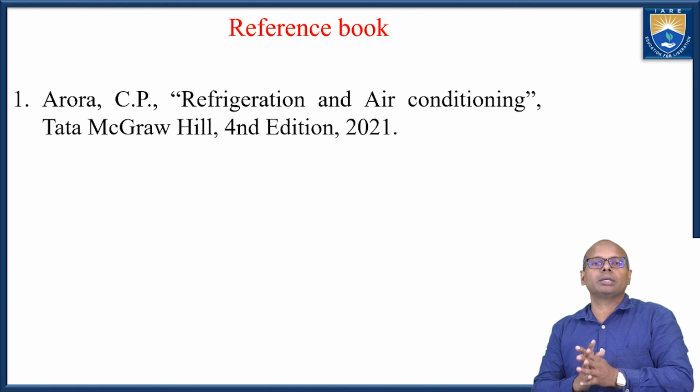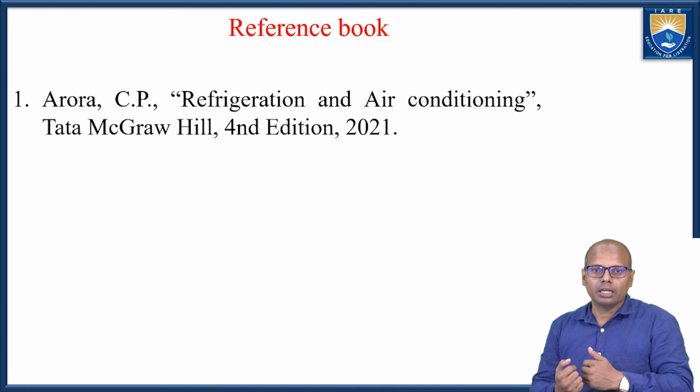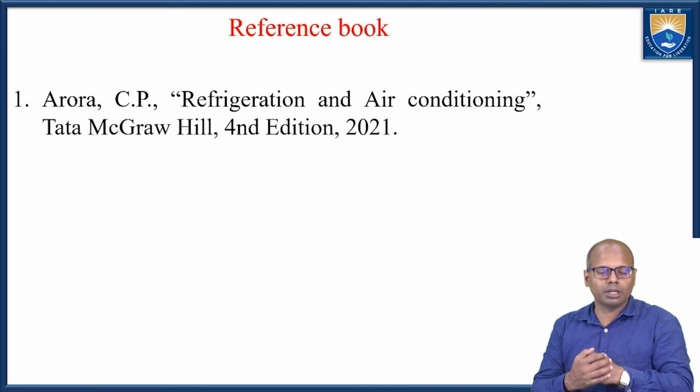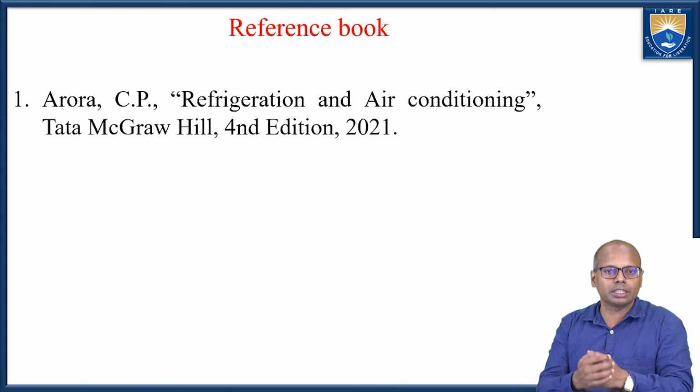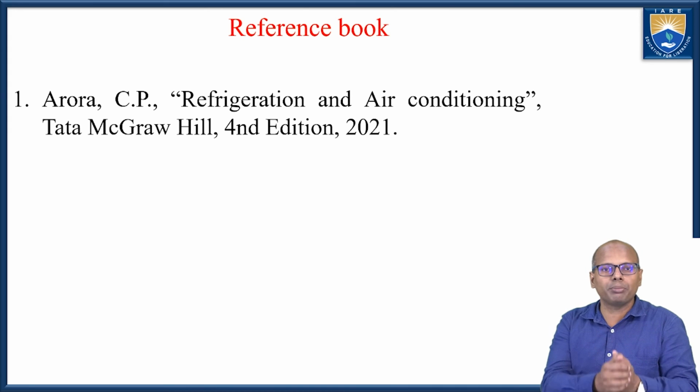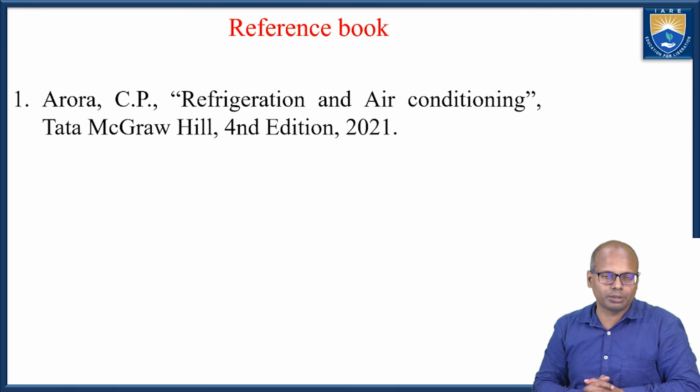The boiling point is tied to the vapor pressure, that is, the pressure at which it boils. If the vapor pressure of the refrigerant is below or equal to atmospheric pressure, that kind of fluid we can use as the refrigerant.